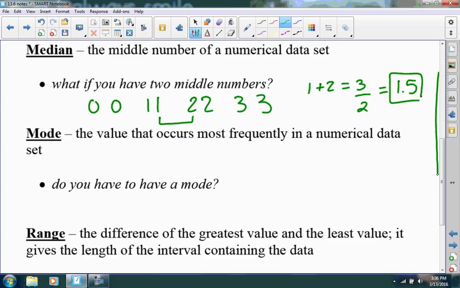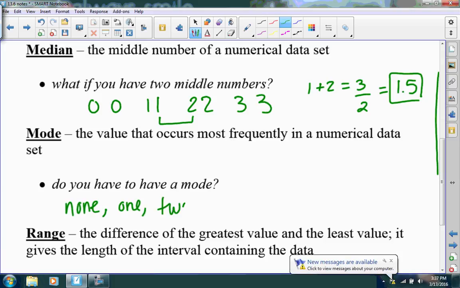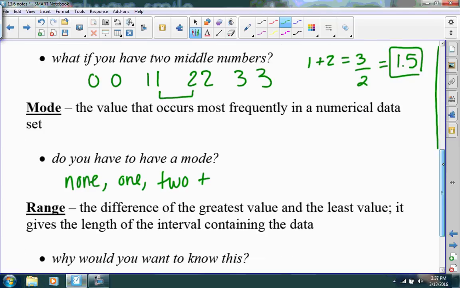And sometimes you might not have any number that appears most often. Sometimes all the numbers just appear one time. So you could have no mode, or you might have one, or you could have two, or you could even have more than that. So it kind of depends on the data and the numbers that you have in your data set.